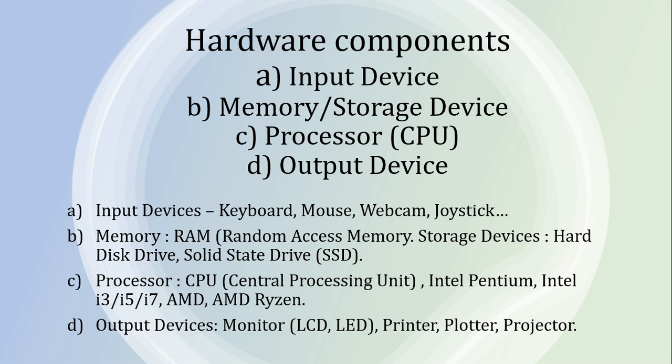Some processors are Intel Pentium, Intel i3, i5, i7 and AMD Ryzen. Output devices are the devices on which we see the result, that is monitor, LCD or LED, printer, plotter, projector.